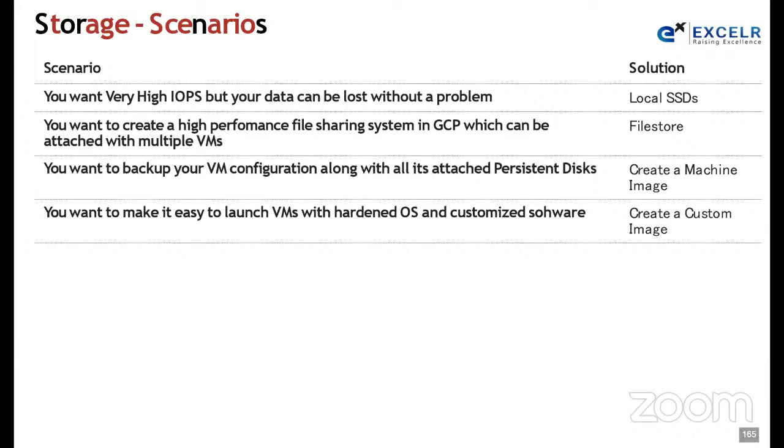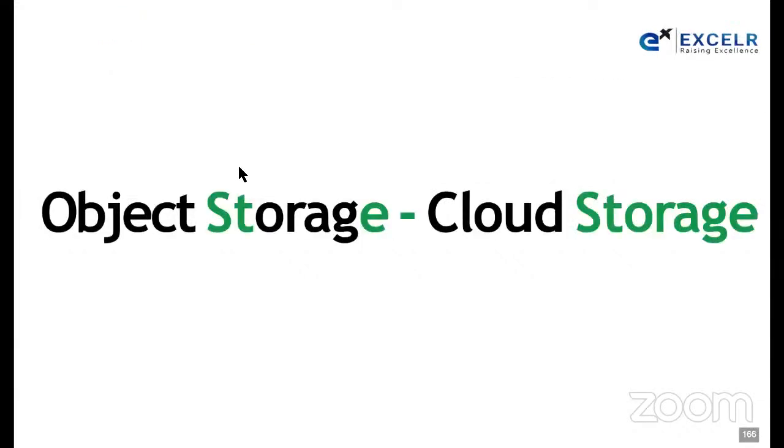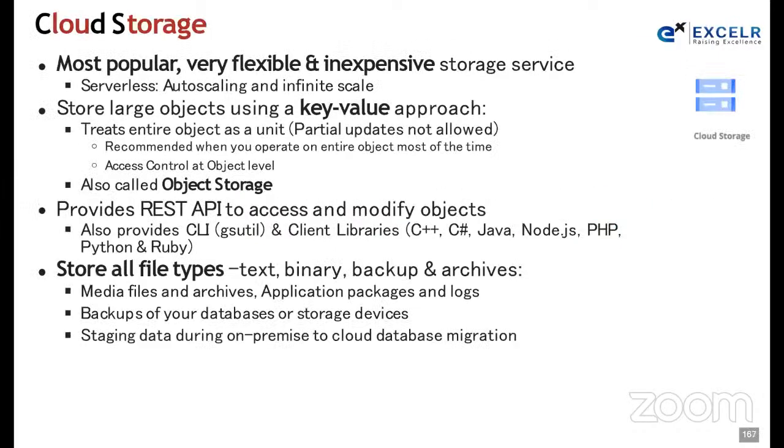So we have seen this for block storage and file store. Now we will move to another storage option, which is the object storage option. Let us look at the object storage. The object storage option within the GCP is called cloud storage. It is the most popular, very flexible and very, very cheap storage service available for you to use in the GCP.